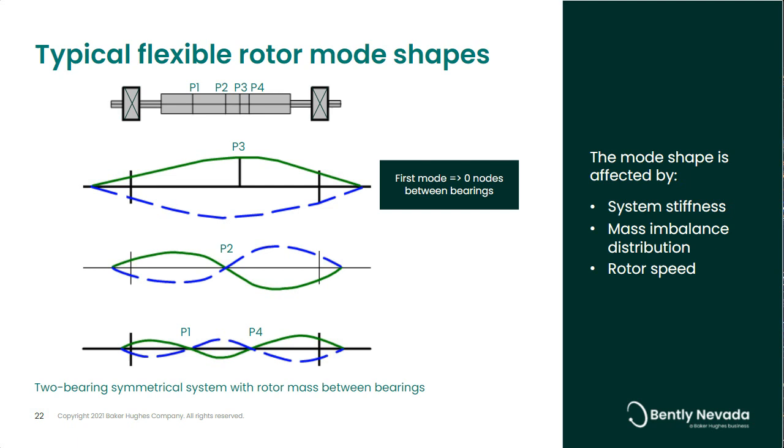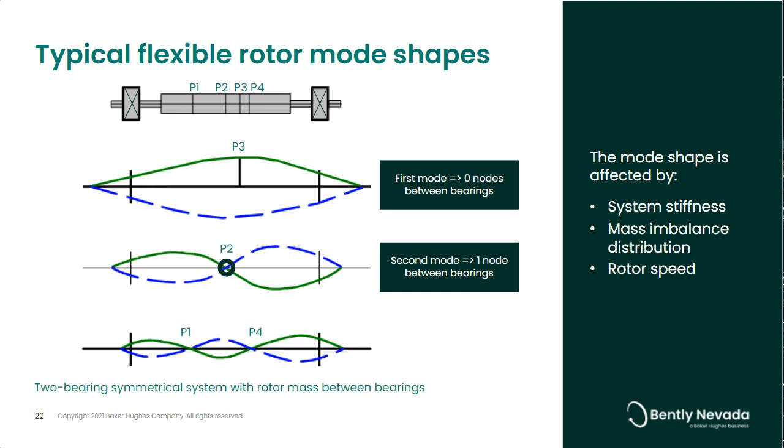Then you will have steam turbines, in particular, generally working in the second mode, where there's a node between the bearings. So you go through that first mode, and then you'll have a second mode. And there the polar plots will be 180 degrees out of phase with each other for that second mode. Again, I'm going to show you a polar plot in a moment.